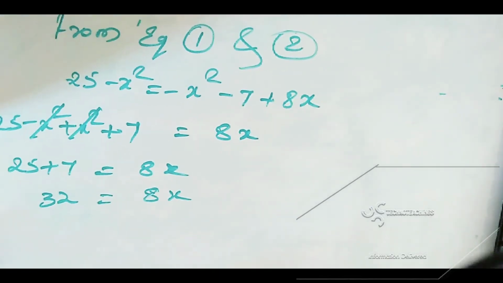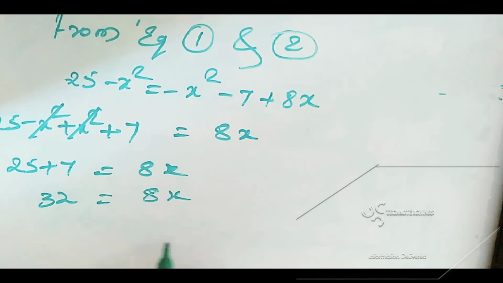Now in order to solve for the value of x, x equals 32 by 8, where 8 fours are 32.